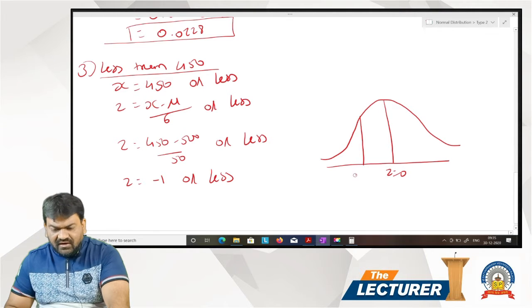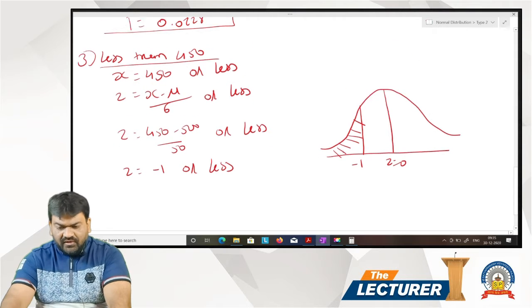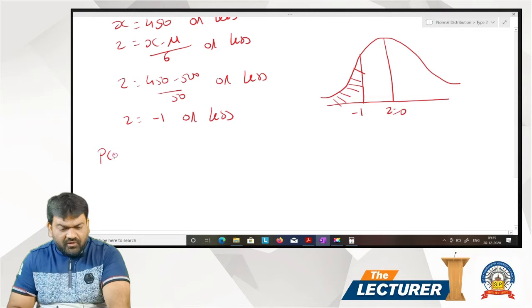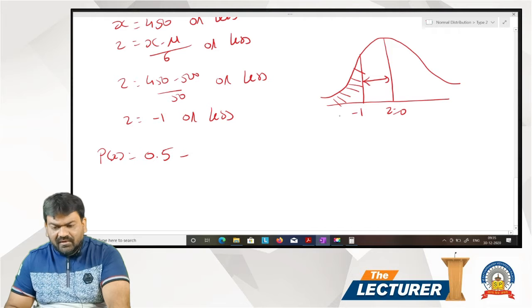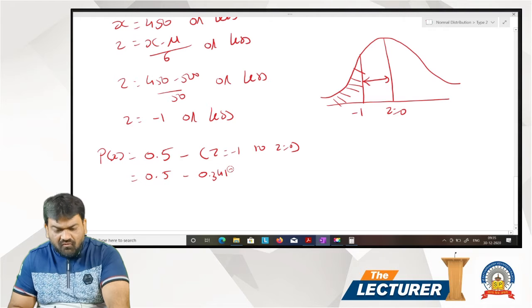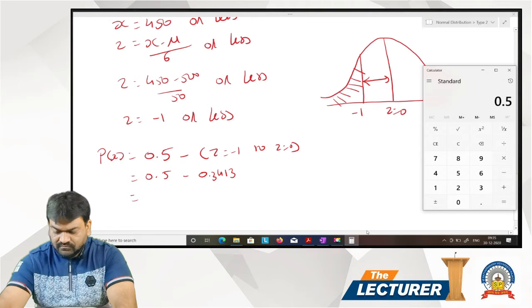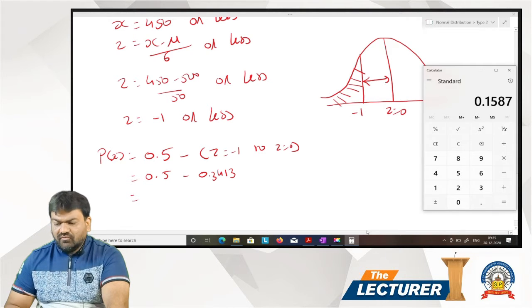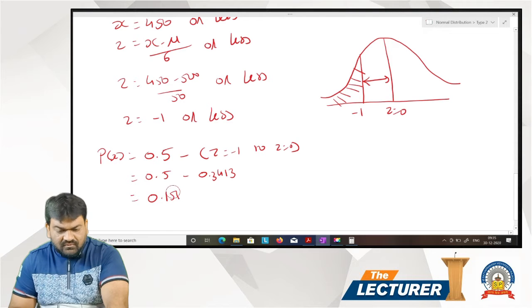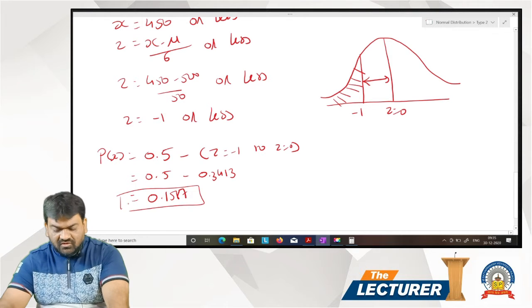Minus 1 is minus, so it will be on the left hand side. Less than that means all observations on the left hand side. We know the total probability of the left hand side is 0.5. So P of x is equal to the left hand side total probability 0.5, from which we subtract z is equal to minus 1 to z is equal to 0. So 0.5 minus 0.3413, that is 0.1587. This is your last answer, the third answer.